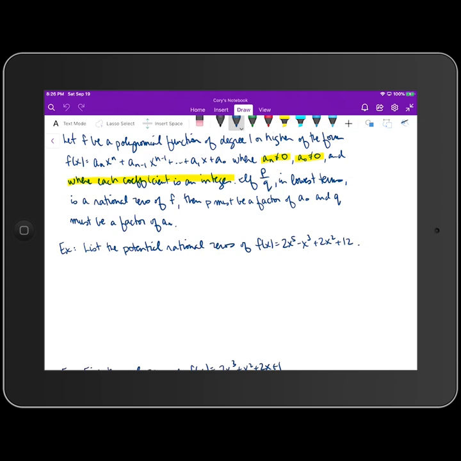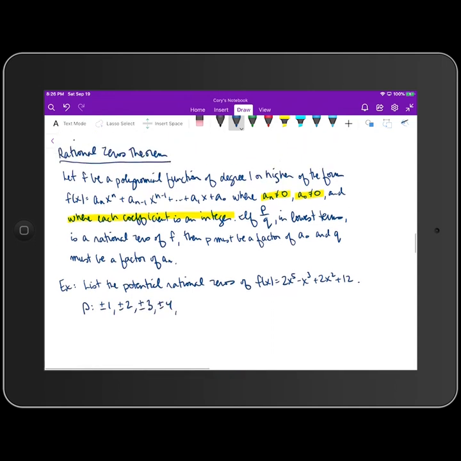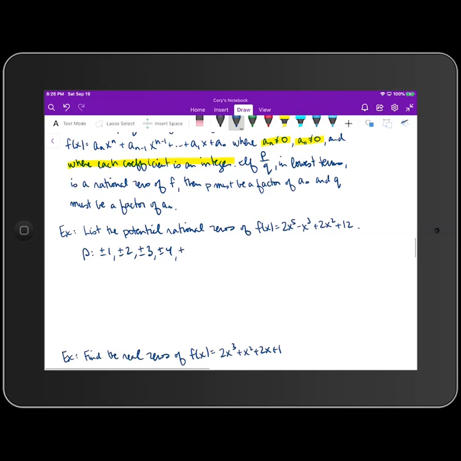Okay, so first thing we check is that all the coefficients are integers, so that checks out. Okay, so our p-values are going to be factors of the constant term. So if I list the factors of 12 from smallest to largest, the factors of 12 are plus or minus 1, plus or minus 2, plus or minus 3, plus or minus 4, plus or minus 6, and plus or minus 12.